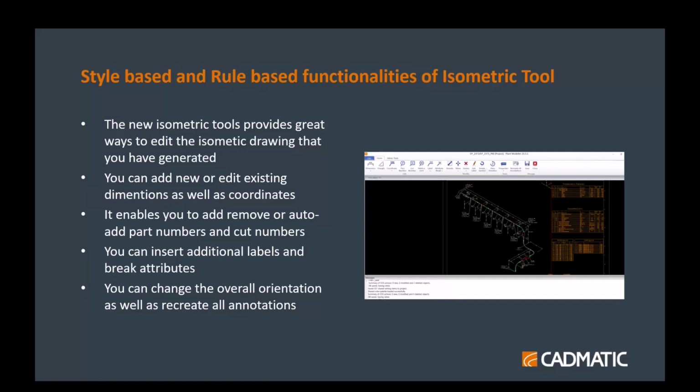And we can also insert additional labels or break attributes if we want. And if due to some reason we have lost the annotations, we also have the option to auto recreate all the annotations, as well as we can change the overall orientation. So now let us get back to our isometric view editor and see how these individual functions can be employed.